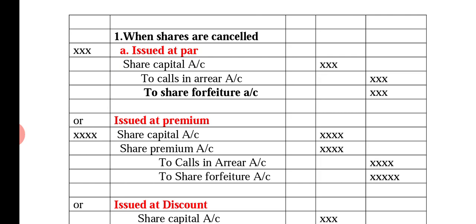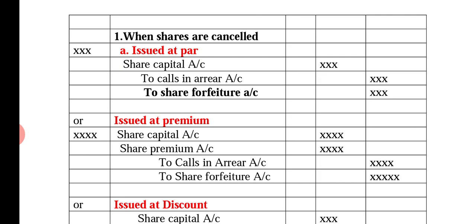You need not return it to the shareholder. So it is taken as a profit, and the profit is kept in the share forfeiture account. So here share forfeiture account is credited 5 rupees. The called up amount is 7, 2 rupees calls in arrear, so the remaining 5 rupees received is a profit, and it is credited in the share forfeiture account.